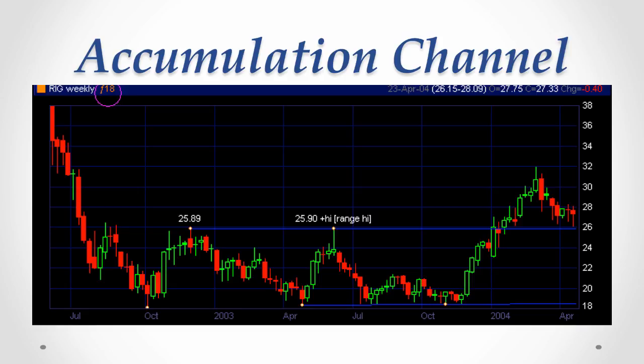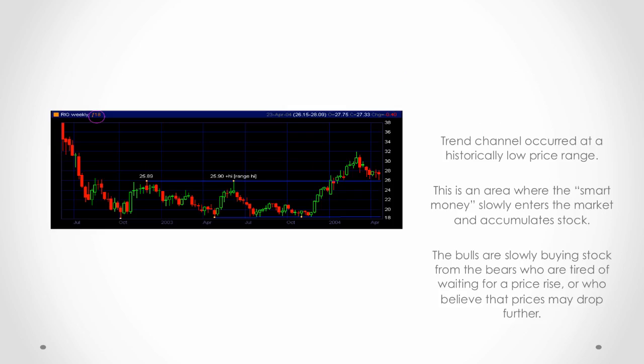First is called accumulation. Accumulation channels are trend channels that occur at a historical low price range. This is an area where the smart money slowly enters the market and accumulates the stocks. The bulls are slowly buying the stock from the bears who are tired of waiting for a price rise or who believe that the prices may drop further.